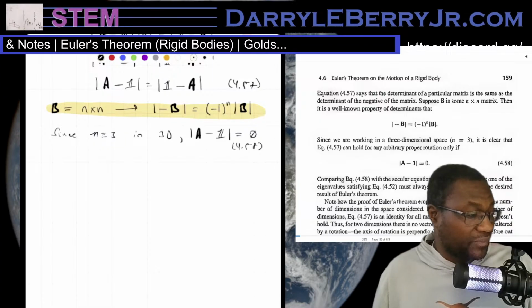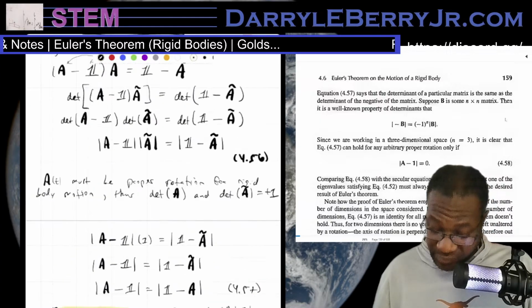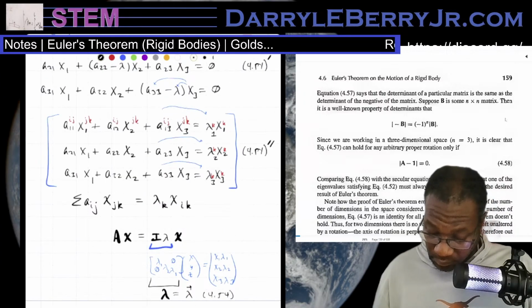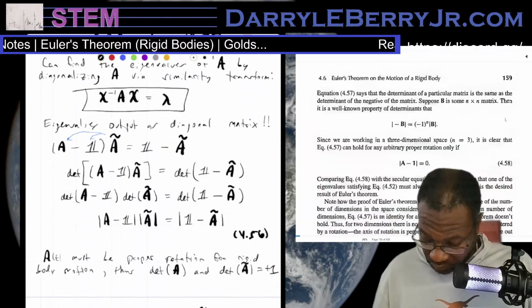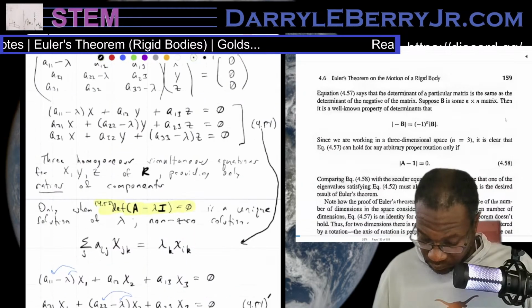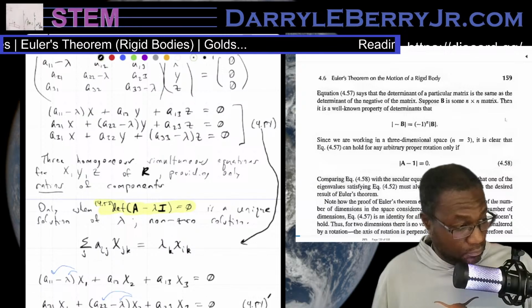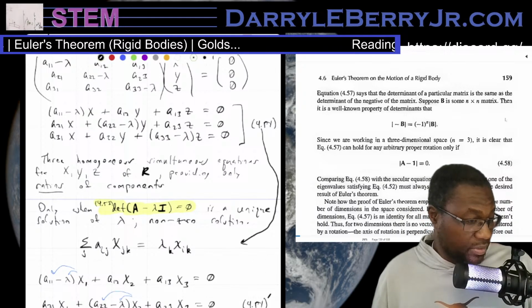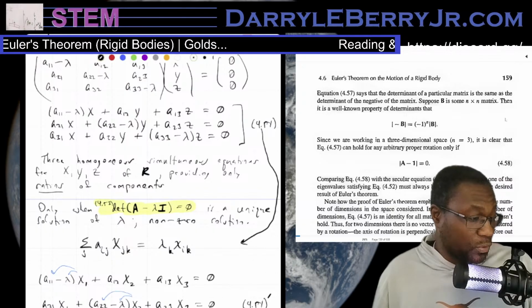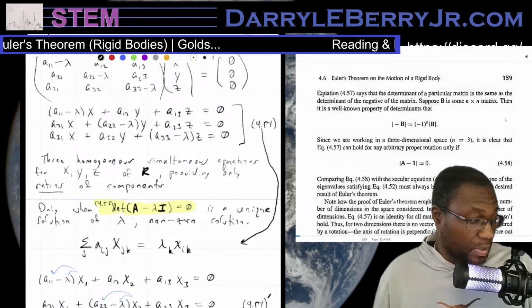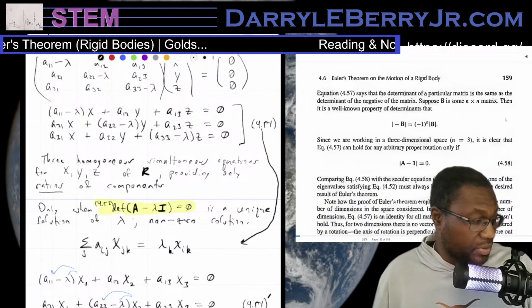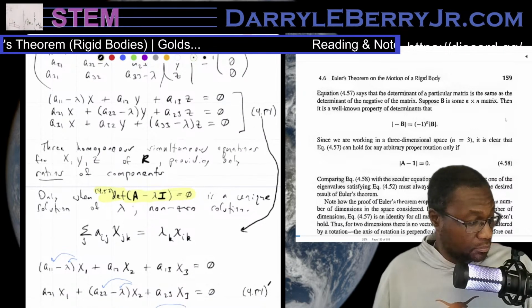Comparing equation 4.58 with the secular equation 4.52, you can see that one of the eigenvalues satisfying the equation 4.52 must always be lambda equals +1, which is the desired result of Euler's theorem.